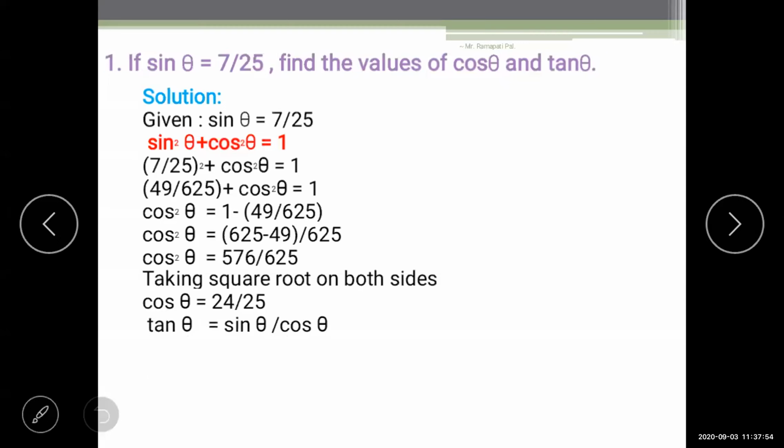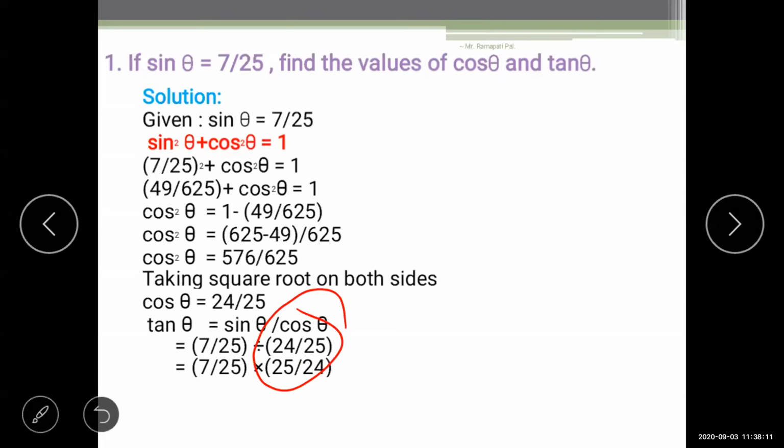Because here there is division, after the division this number will reverse, and it will become 7 upon 25 into 25 upon 24.